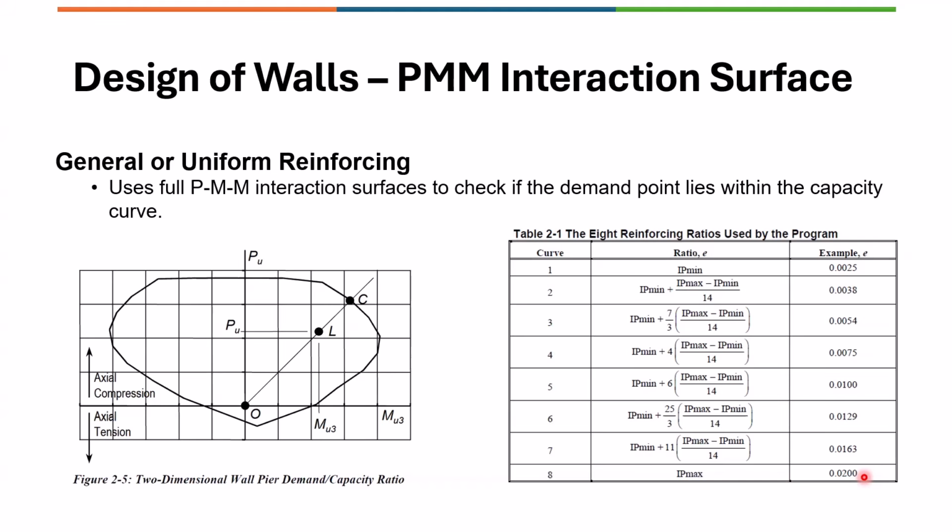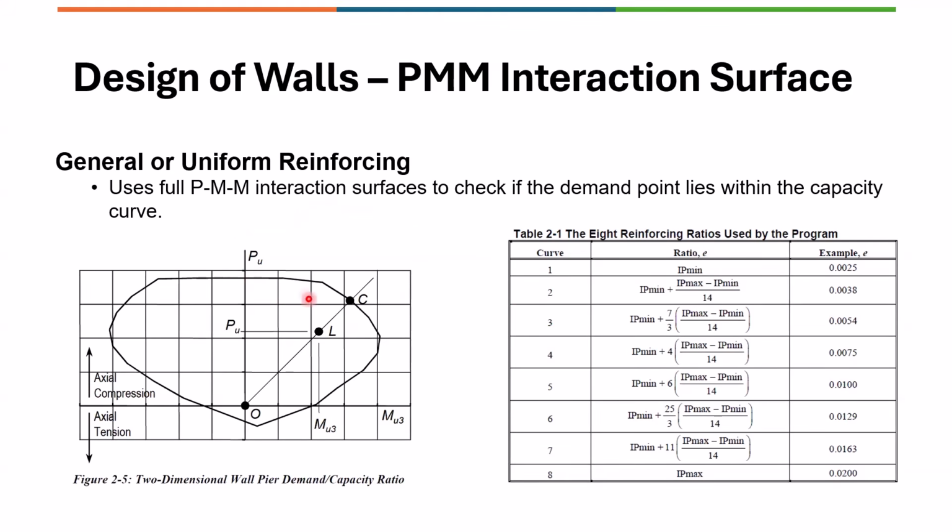You can keep that initially, but when you're dealing with non-planar or multi-legged wall piers, you might want to review these. The general idea is to keep this range shorter, and then you can do the iterations until the required rebar is within the specified range, IP min and IP max.